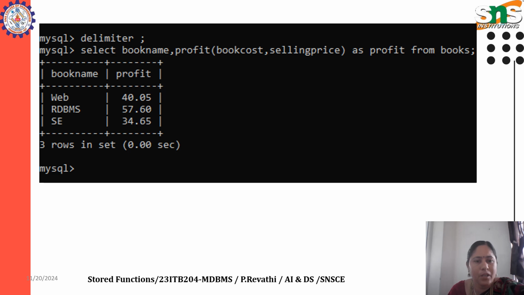Now we are displaying book name and profit. Web book profit is 40.05, RDBMS book profit is 57.60, SE book profit is 34.65. Using the stored function, we calculate profit for the books.